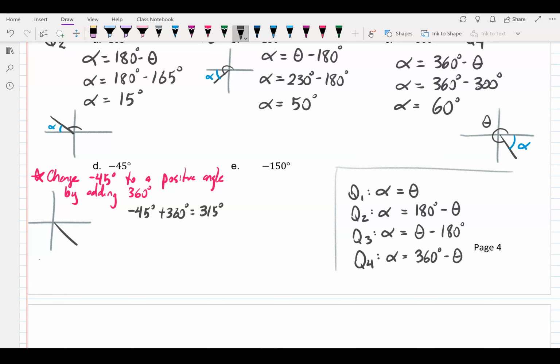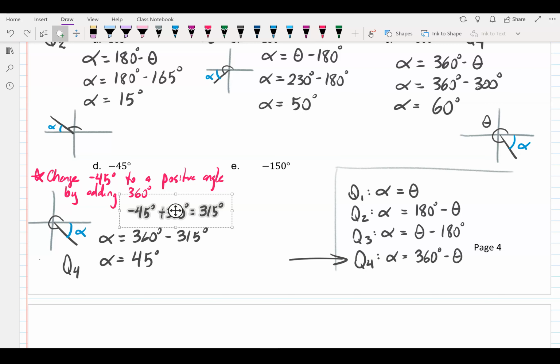In this case, 360 minus 315 is 45 degrees. And that shouldn't come as too much of a surprise because our angle here is 45. This negative 45 is exactly equal to the reference angle, but it takes extra understanding to get to that point. It's much safer to do that first step where you change it to a positive angle.